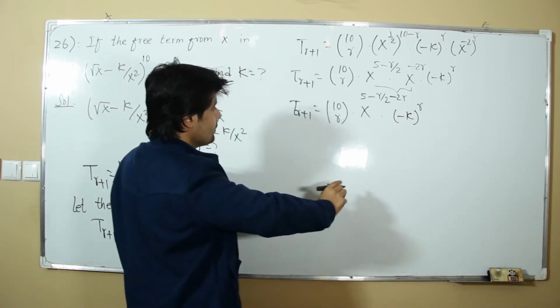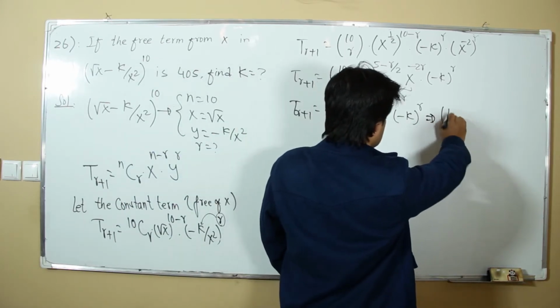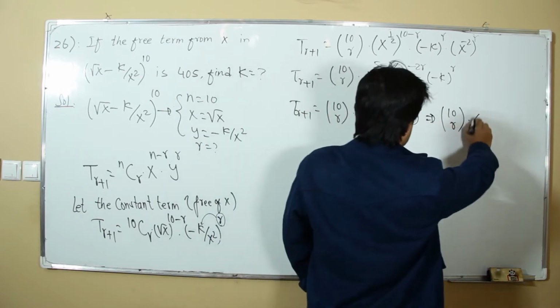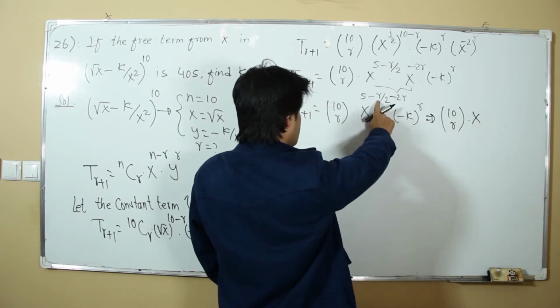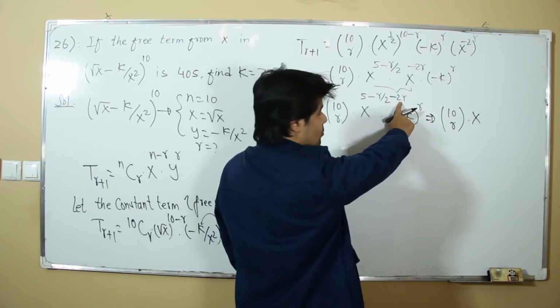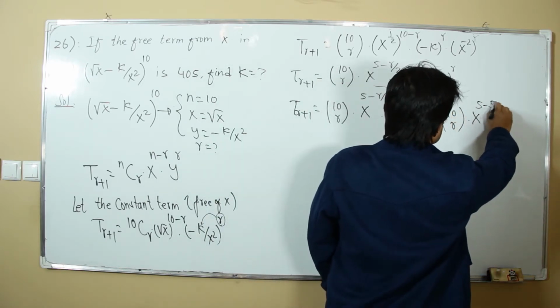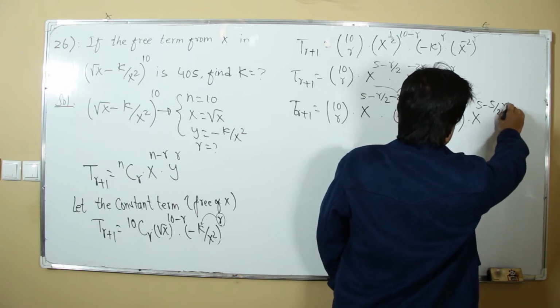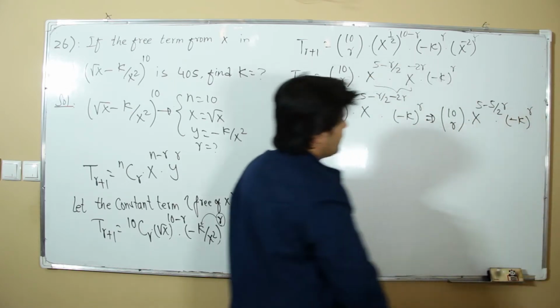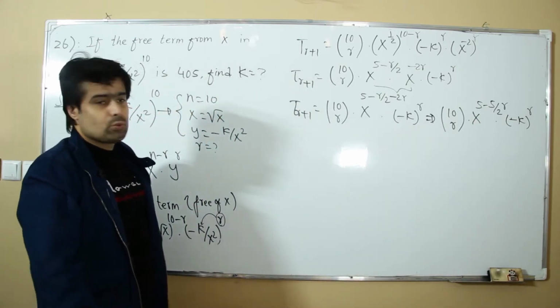Here we have 10Cr times x to the power minus r divided by 2 and minus 2r, which is minus 5 divided by 2 r, so 5 minus 5r divided by 2, times minus k raised to the power r. This is the term that we want.